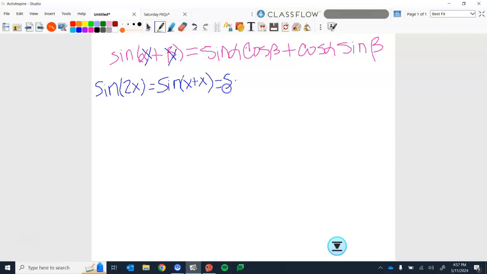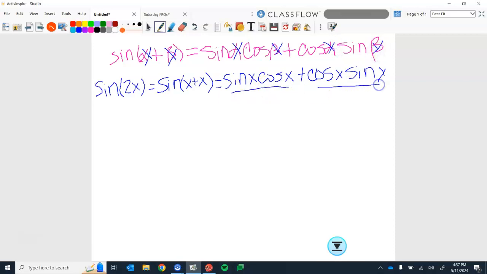So this will give me the sine of x times the cosine of x plus the cosine of x times the sine of x. Right, so basically what I did is alpha is x, beta is x. I just substituted them all in. Now when I look at these two, sine times cosine is the same as cosine times sine. So sine of 2x is equal to 2 sine x cosine x.